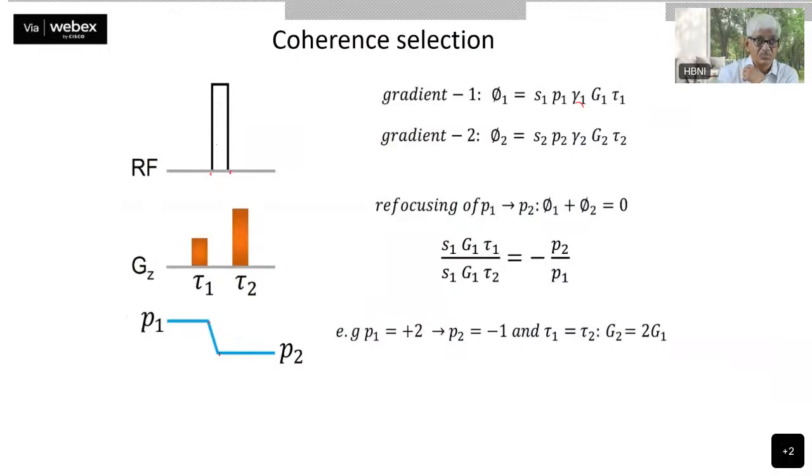Okay. Now, as the P2 is evolving, you apply a gradient for a period tau2. Now, what will be the phase acquired by this P2? The P2 will have the phase S2, P2, gamma 2, G2, tau2. So P2 will acquire this phase, and P1 will acquire a particular phase. It is something like this. Suppose you are driving a car.